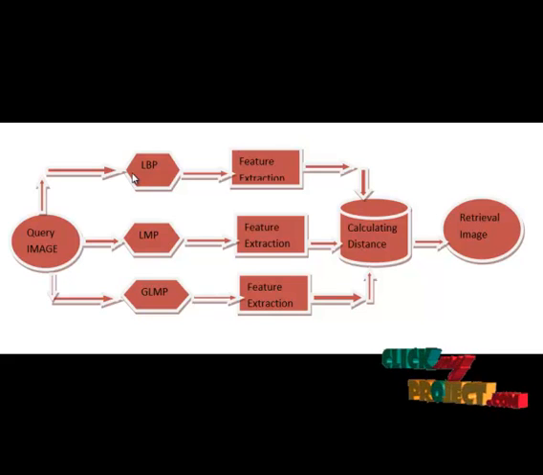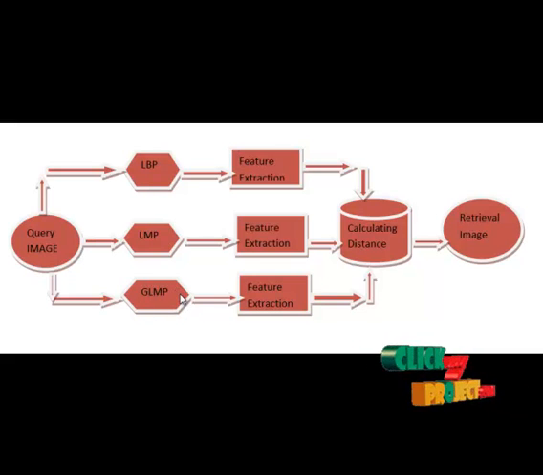After that, going for local mesh patterns. In the local mesh patterns, the value is computed based on the relationship among the surrounding neighbor pixels in the input image. This pattern also provides some features of the query image. And next, going for Gabor local mesh patterns.